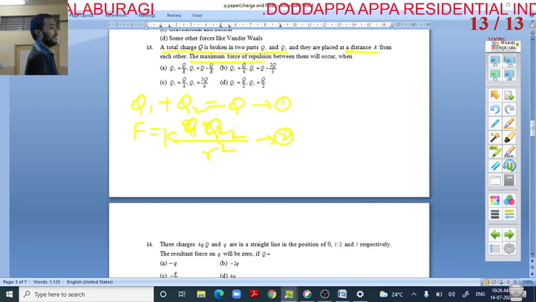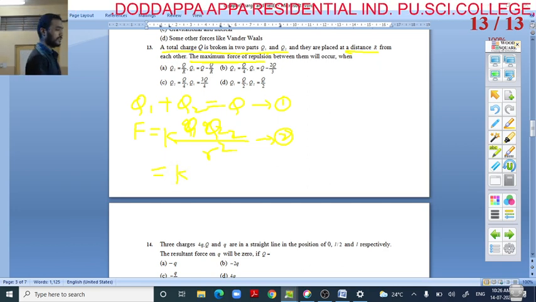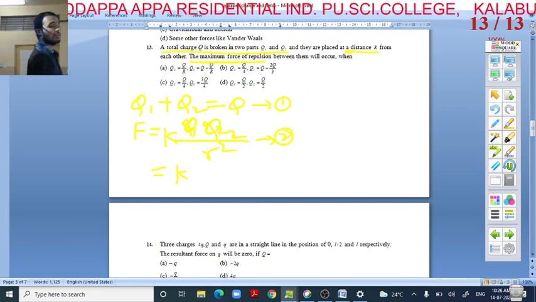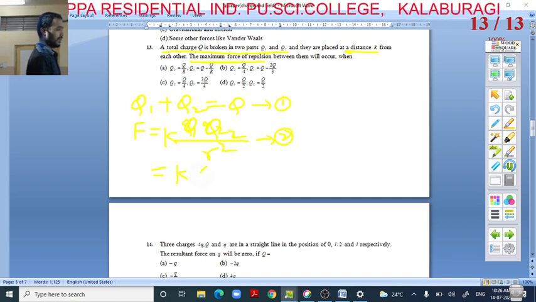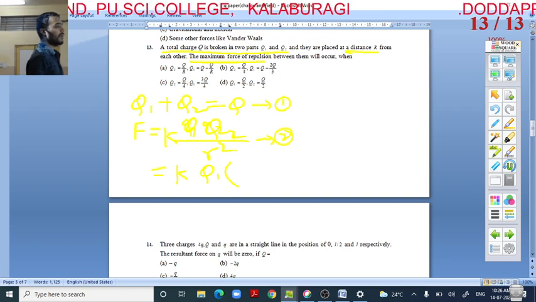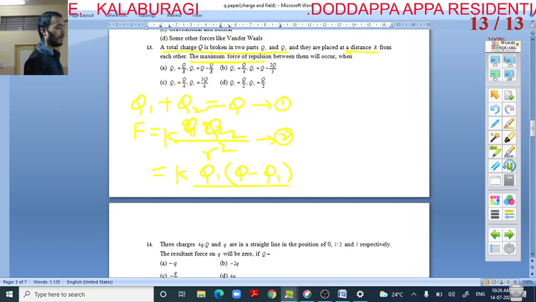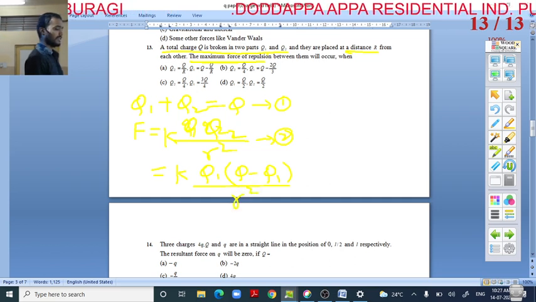Now substitute the value of Q2 from equation 1. I will write Q1 as it is, and Q2 from equation 1 becomes Q minus Q1, divided by R square as it is.